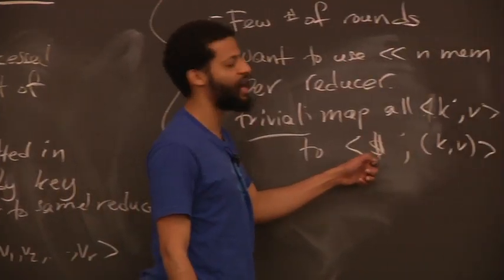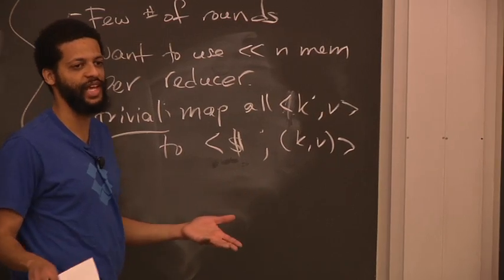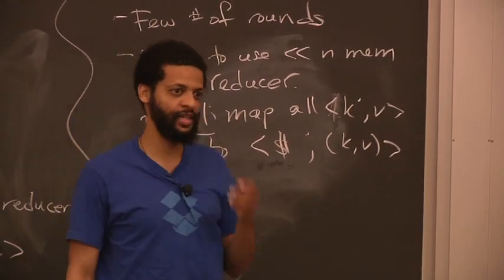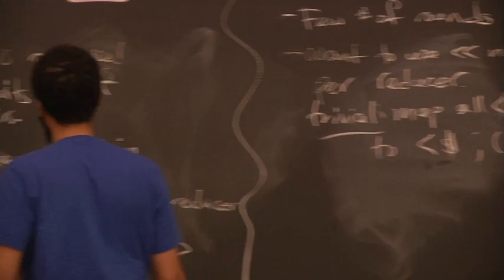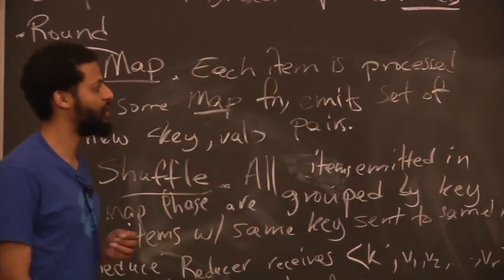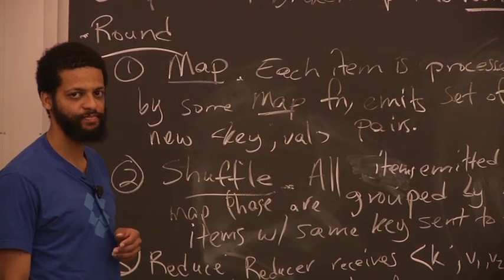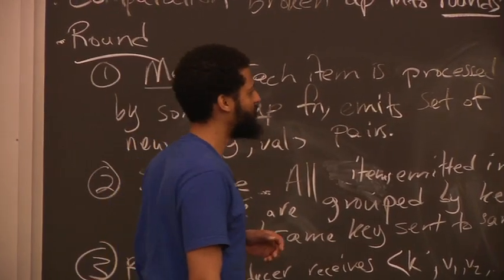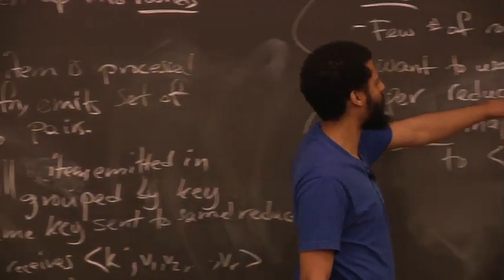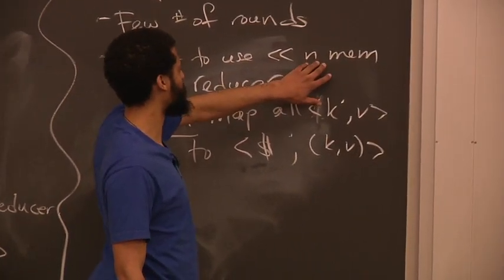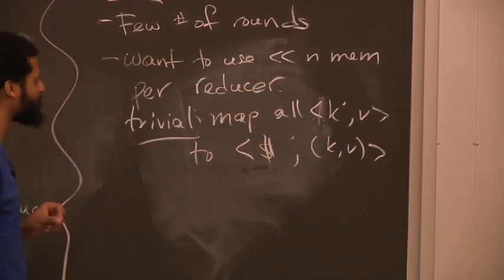The reducer then has all the data and is doing some computation on it. So this is not taking advantage of parallelization at all. This is just doing all the computation on a single machine. But I don't want to allow this. I want to make sure that my algorithms are using much less than n memory per reducer.